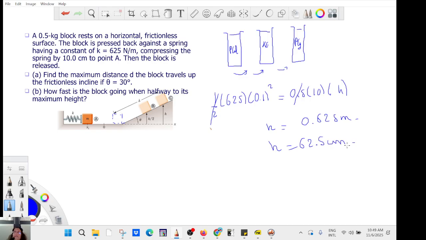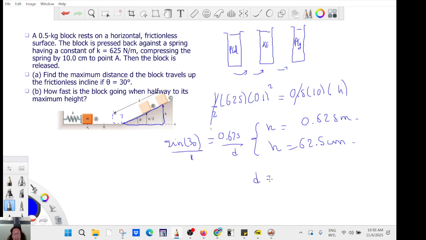Okay, so that's the easy part. And then they want to find d. So you're going to use trigonometry, and we want to use sine. So sine 30 equals opposite, which is 0.625, over d.